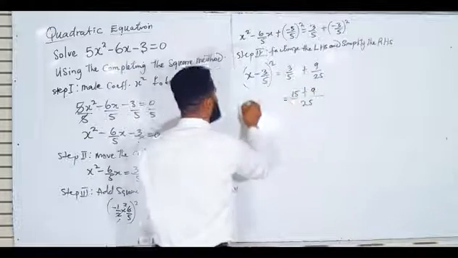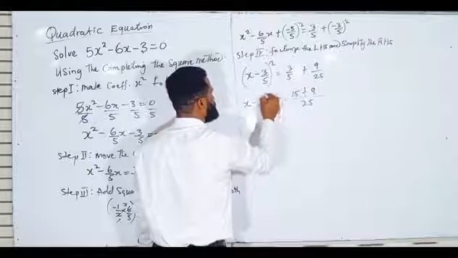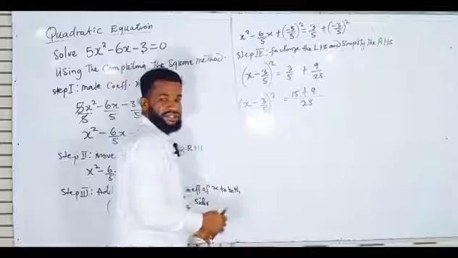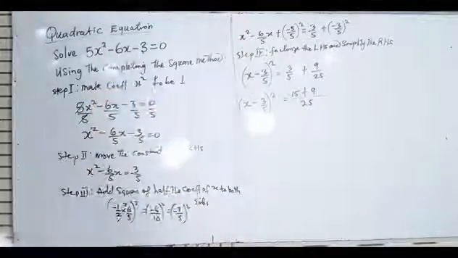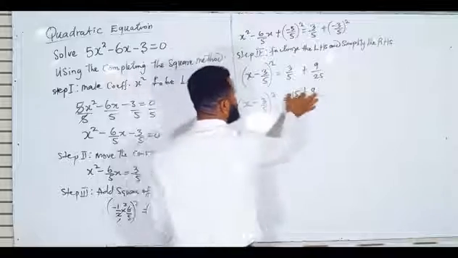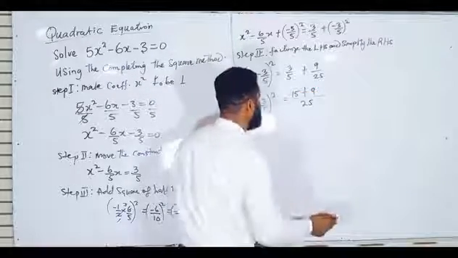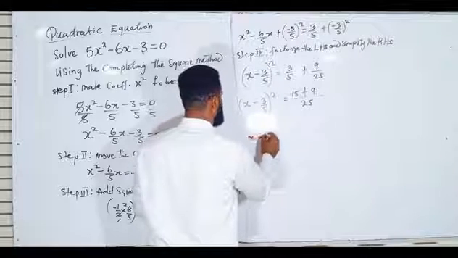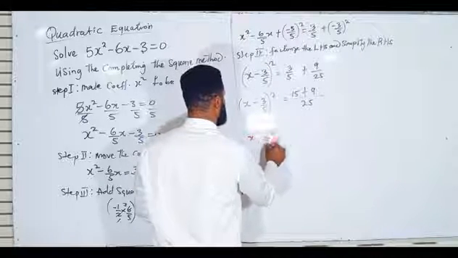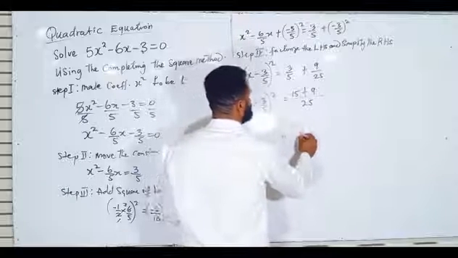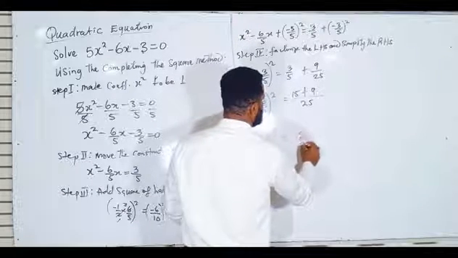So 15 plus 9 is 24. So I'm going to have x minus 3 over 5 all squared is equal to 24 over 25.